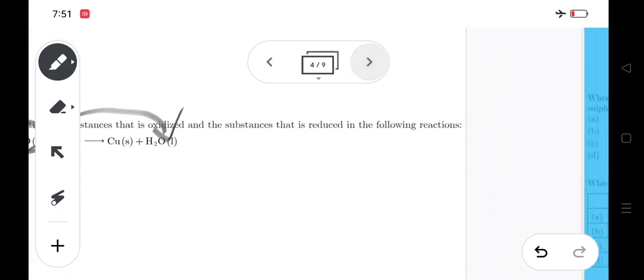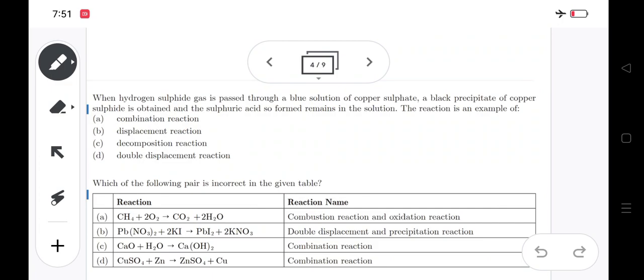Next question. Two questions are there. Now the first one. When hydrogen sulfide gas, H2S, is passed through blue solution of copper sulfate, a black precipitate of copper sulfide is obtained, and the sulfuric acid so formed remains in the solution.